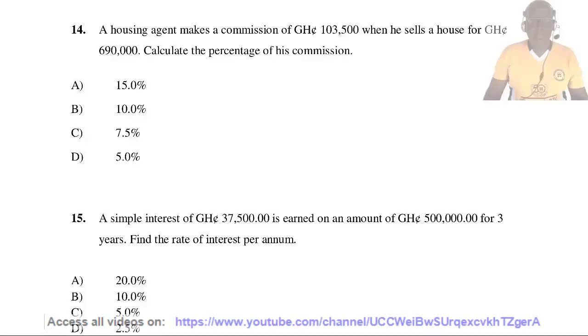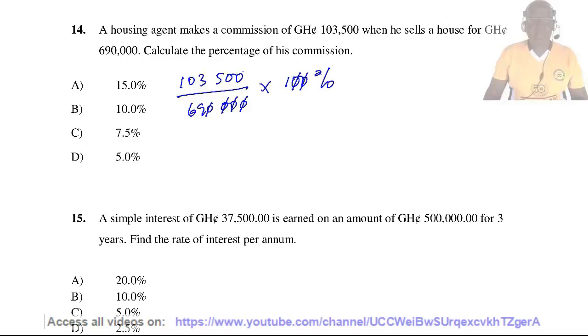Question 14. A housing agent makes a commission of 103,500 Ghana cedis when he sells a house for 690,000. Calculate the percentage of his commission. The percentage of his commission is going to be 103,500 divided by 690,000 times 100%. Zeros will cancel out.